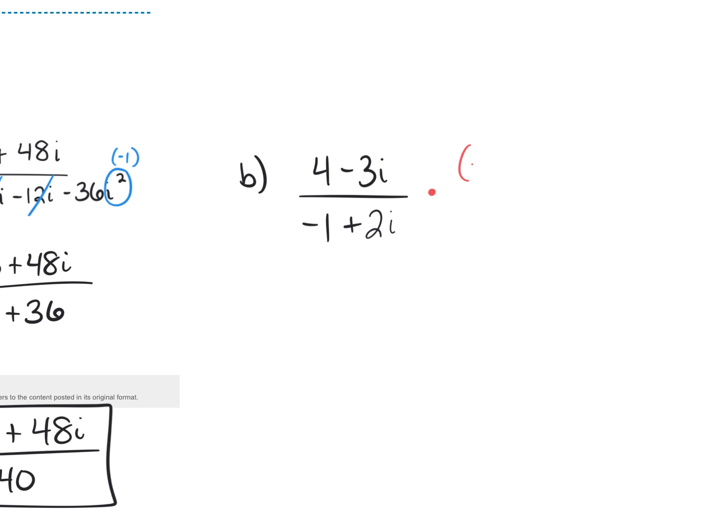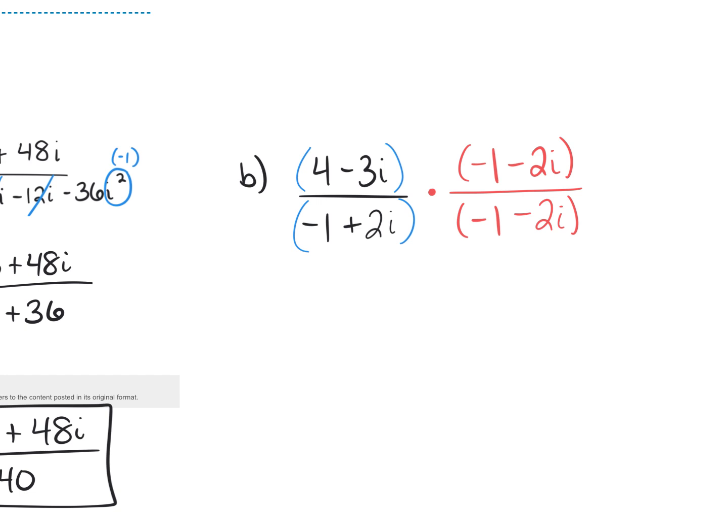Negative 1 minus 2i. Yep, remember the only sign that's changing is the one in front of the imaginary number. So negative 1 minus 2i. What are you going to do on the top and the bottom? Parentheses. Yep, and then you're going to distribute all of those terms.